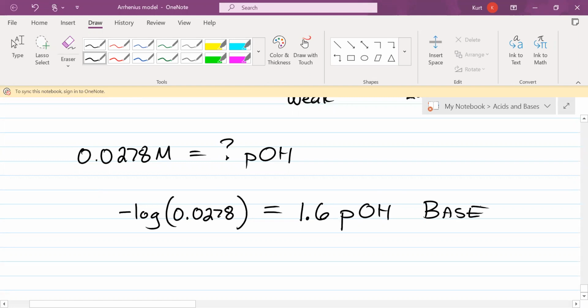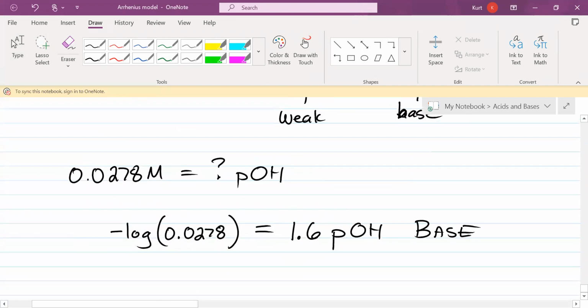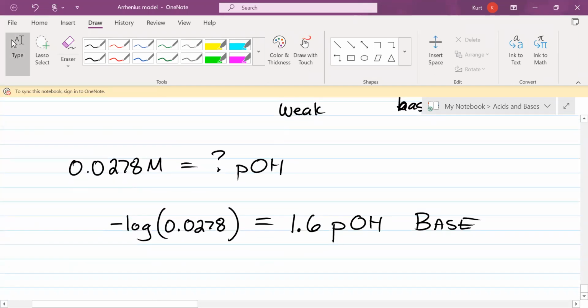Yes, Arshan? Okay, so since it's asking for concentration, isn't it asking for pOH? You have to use the concentration of the hydroxide. If it was asking you for the pH, you would have to find the pOH first, then do 14 minus whatever.